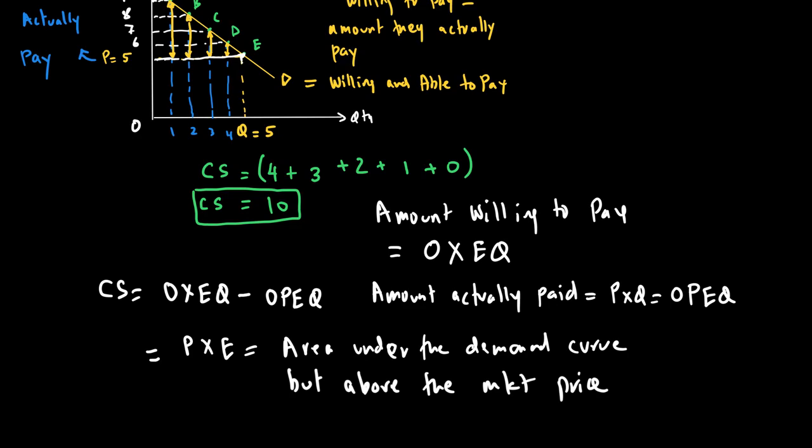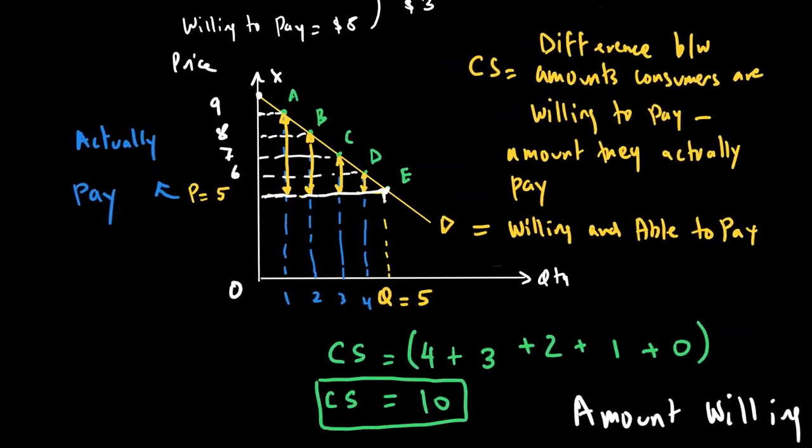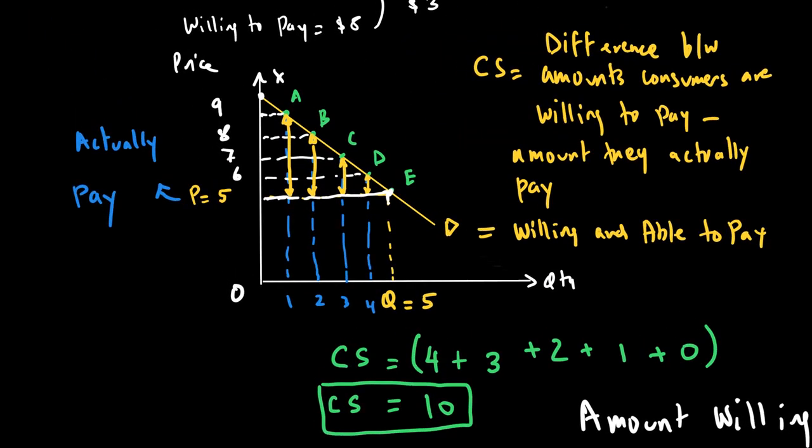So this is exactly what consumer surplus will be. Let me shade this region. Consumer surplus for us therefore is all this area under the demand curve above the market price.